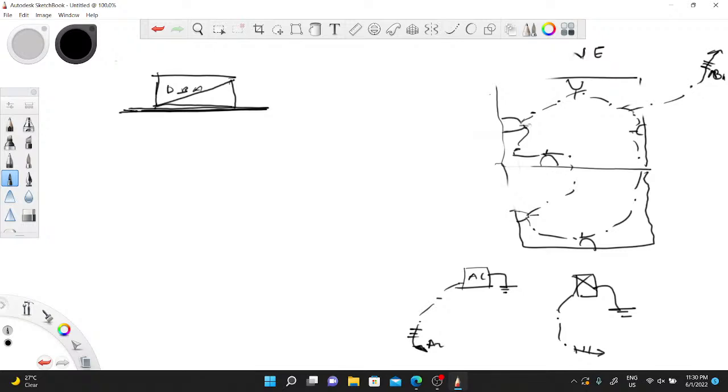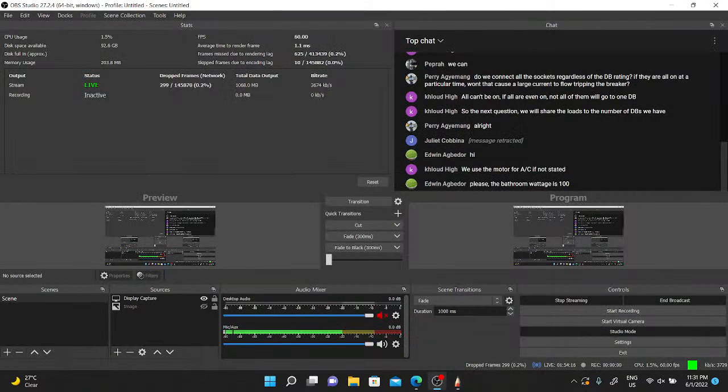Does anyone have anything to add? No contribution so far.